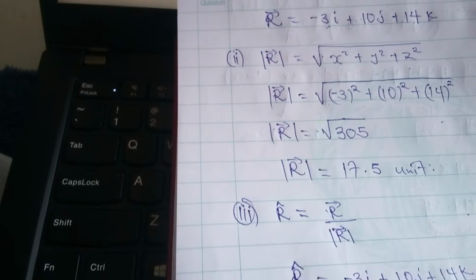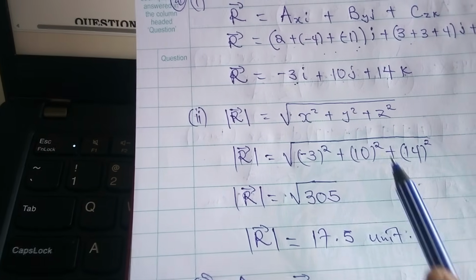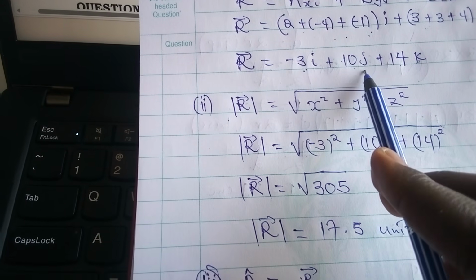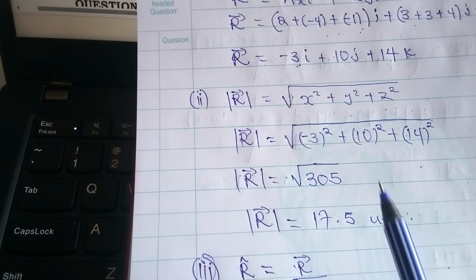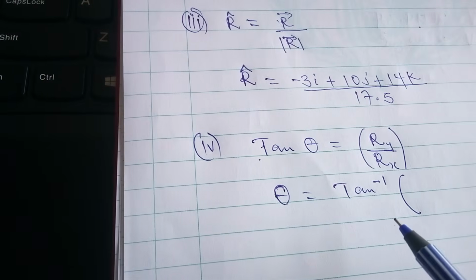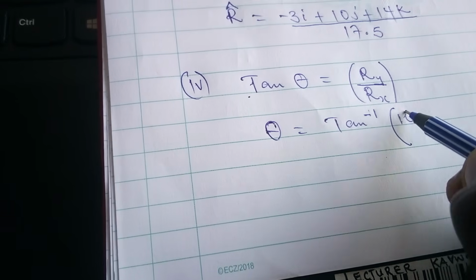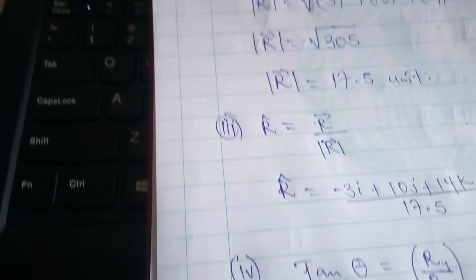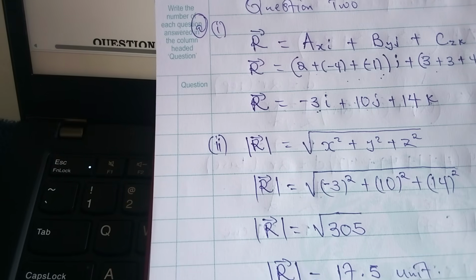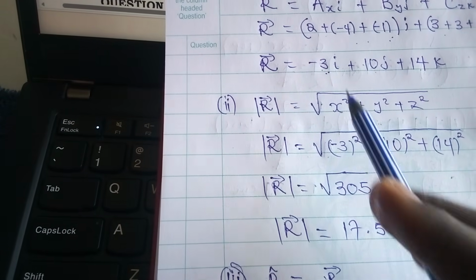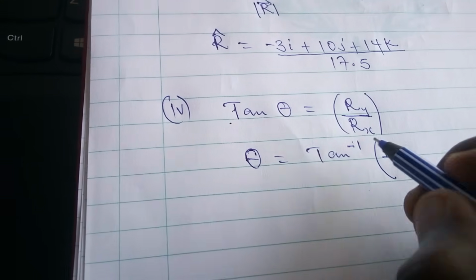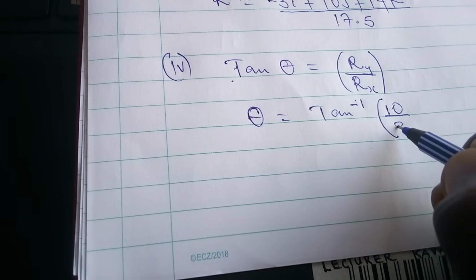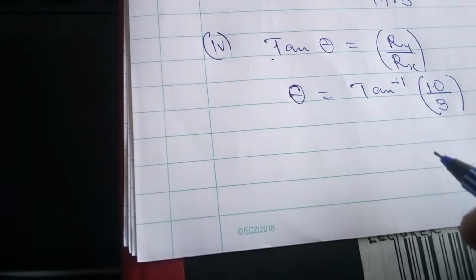So the values for ry there, look, this 10j represents what? For y. So that is 10. That is our ry. So 10 divided by what? Divided by rx. Rx, that is negative 3. So you're going to just write 3, omitting the negative.